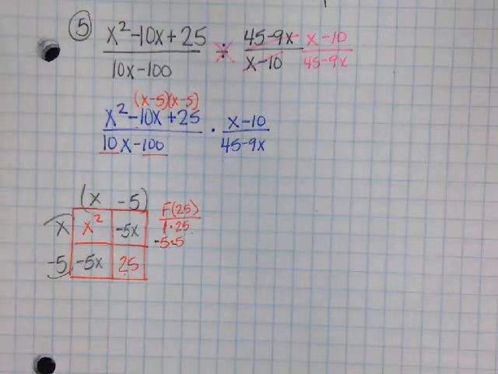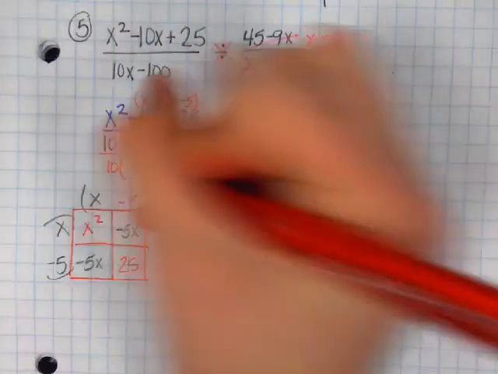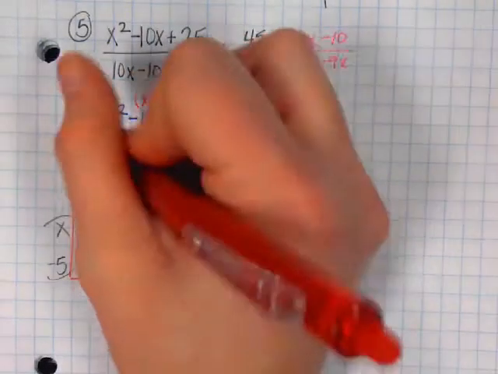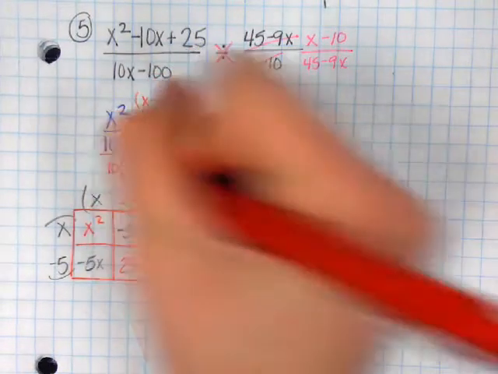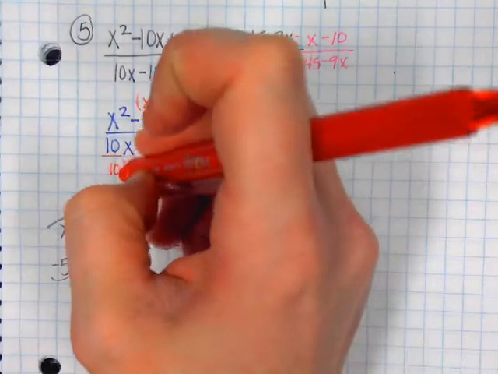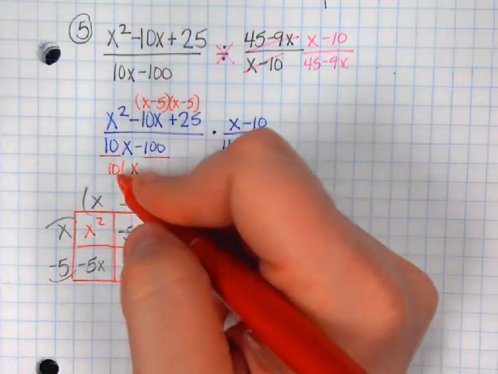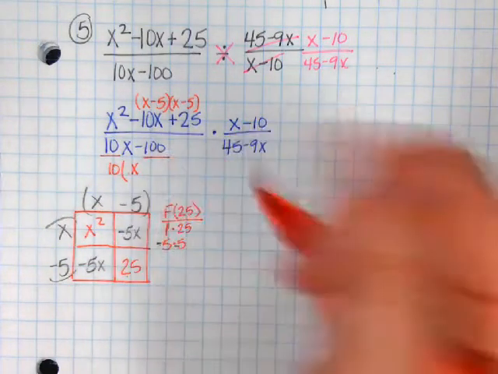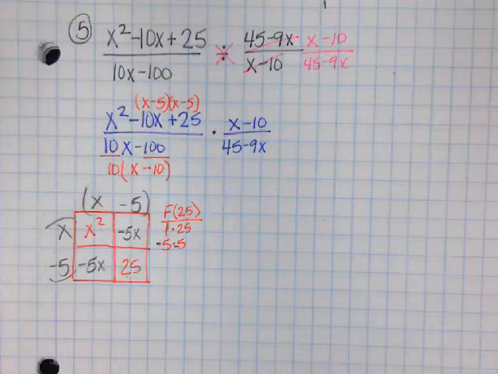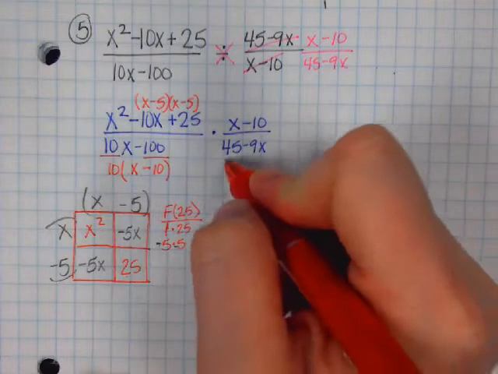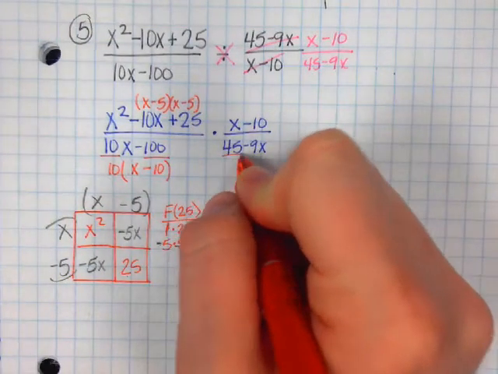Now start looking for the other places that you can factor something out. So 10x and negative 100, if you look between both of those numbers, you can see that both of them are divisible by 10. So what's 10 times what gives you 10x? Well, that would just be 1x, or just x. And then 10 times what gives you negative 100? Well, it would be negative 10. Okay.